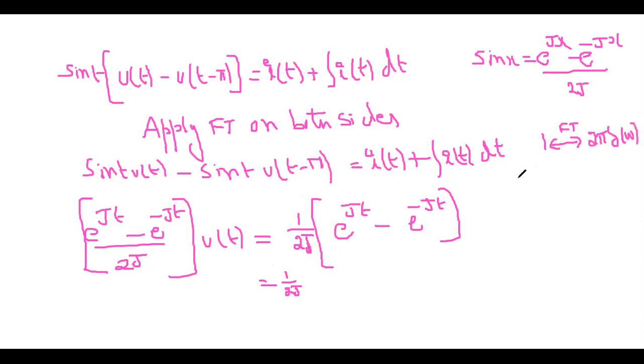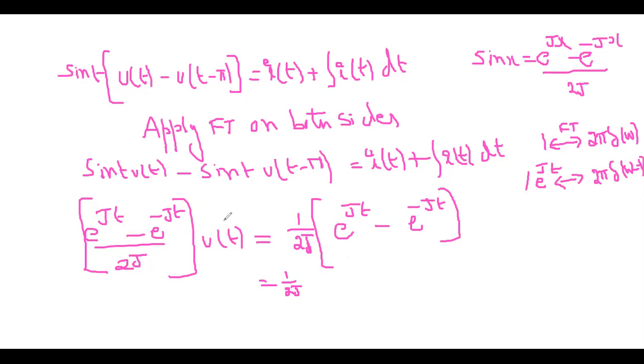Okay. 1 with the e power jt means it is a shifted function: 2 pi into delta of omega minus 1, for the e power jt.